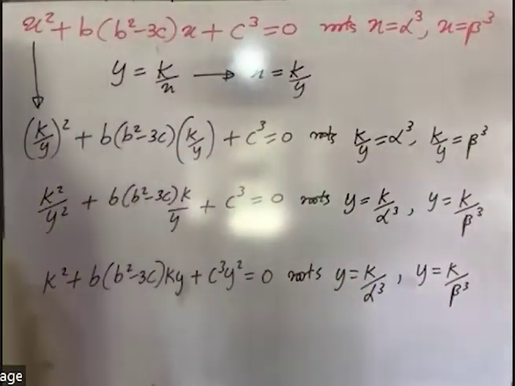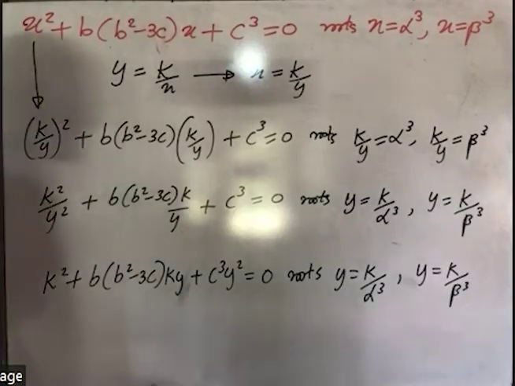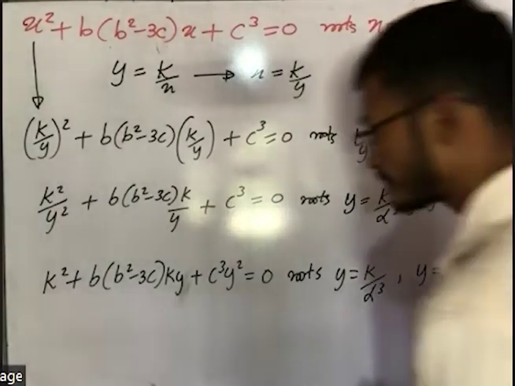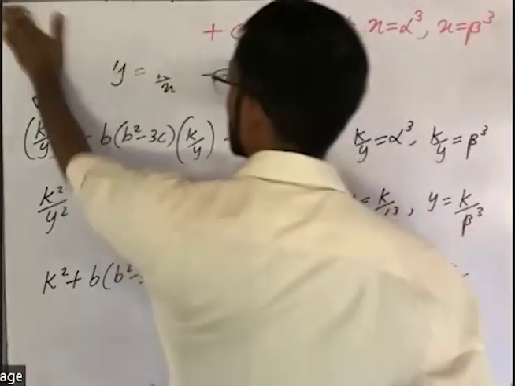Now here we know that k is equal to c to the power 3 plus 1. Therefore, we can write down the equation.